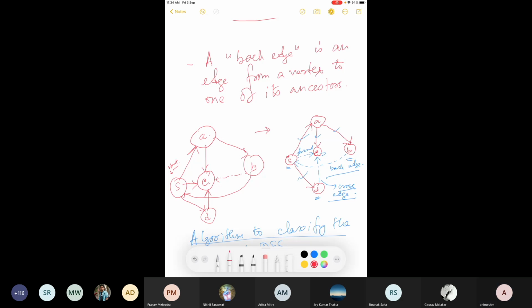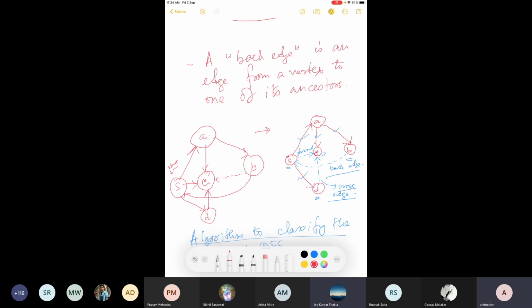But sir, there is no directed edge between B and C in the structure of the tree. On the basis of calling we can say it is a forward edge, but by structure, it depends on how you are calling.